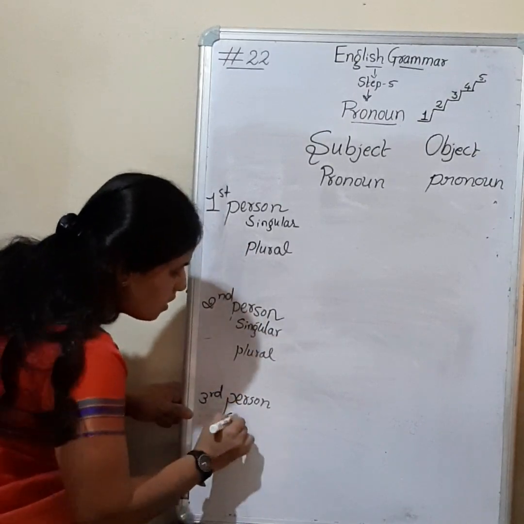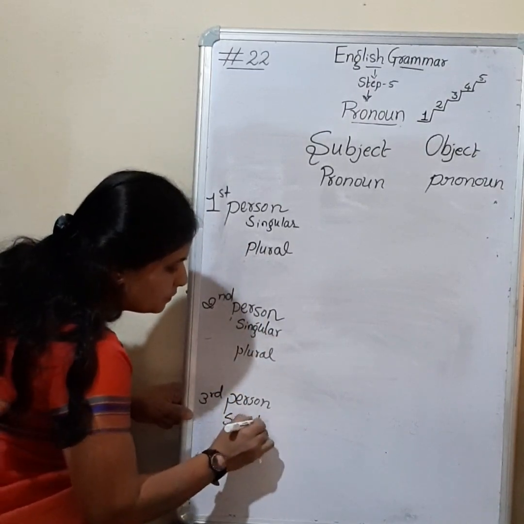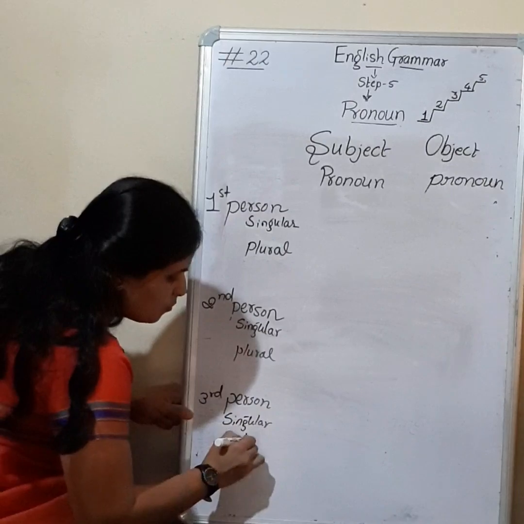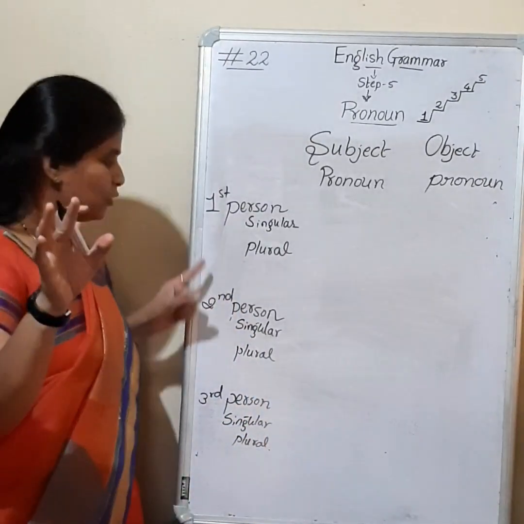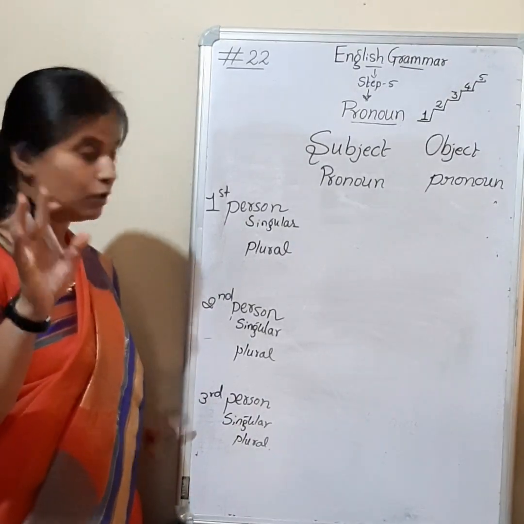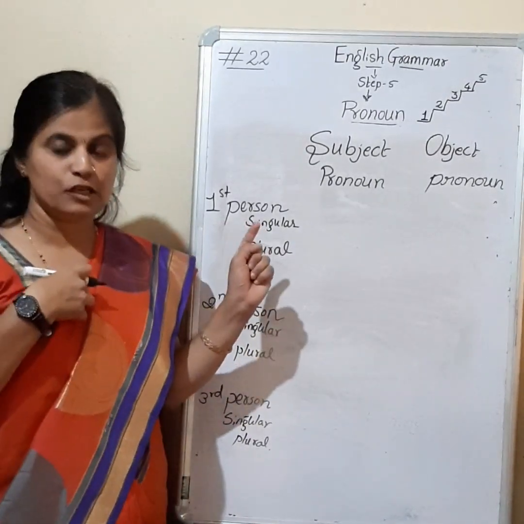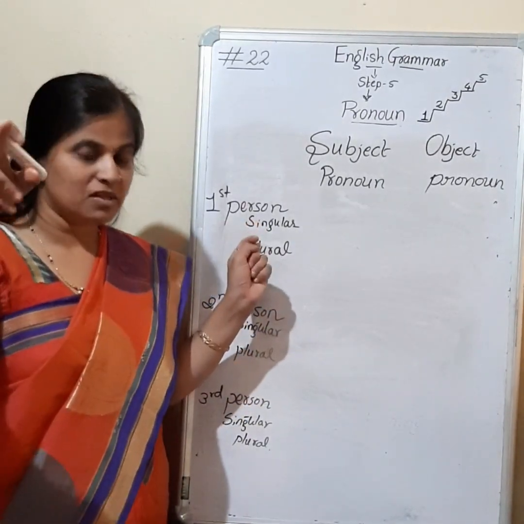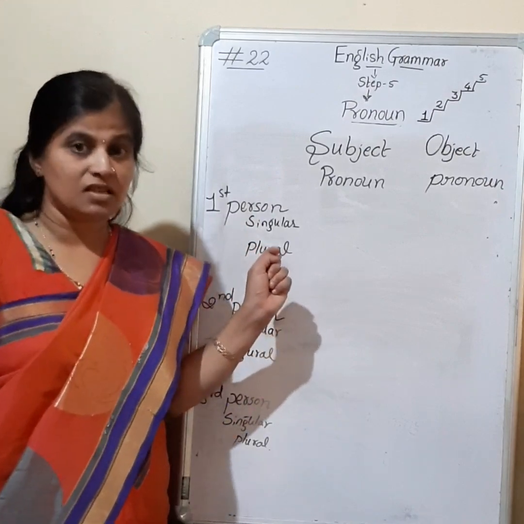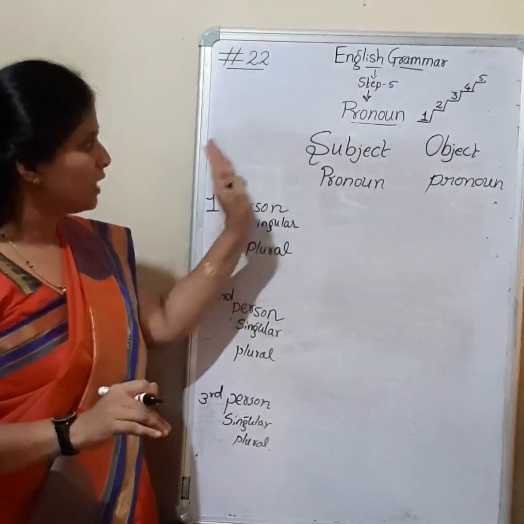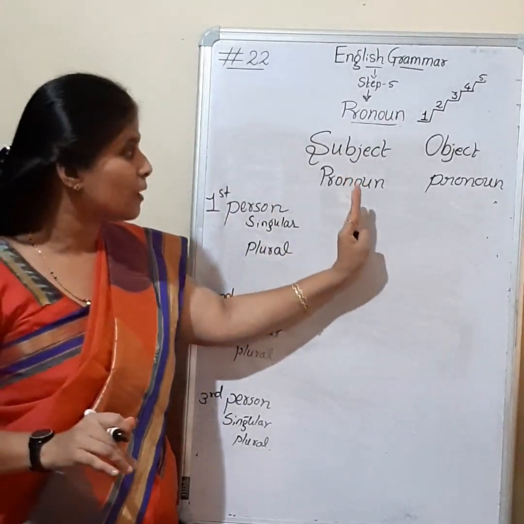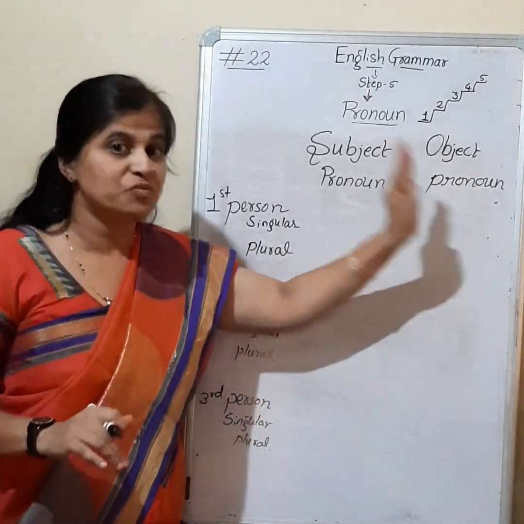Third person, singular as well as plural. Let us check out. So you got the clearance of this now: first person, second person, and third person. So I, first person; you, second person. If we are talking about a person or anything, that is third person. Next to that, we need to know what is subject pronoun, what is object pronoun.